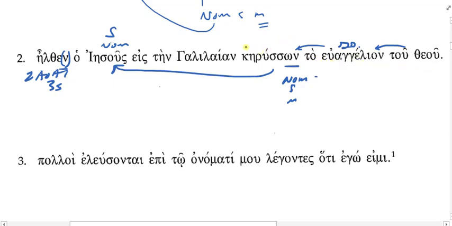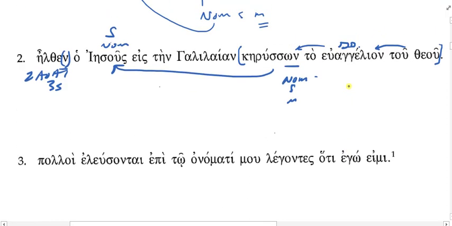So this whole thing, kēryssōn to euangelion tou theou, that is the participial phrase. Jesus came into Galilee. You could have stopped there and you'd have a good grammatical sentence. This adverbial participial phrase is telling you what he was doing or what was going on when he came to Galilee, right? He came preaching the gospel. All right. So, we all good here?